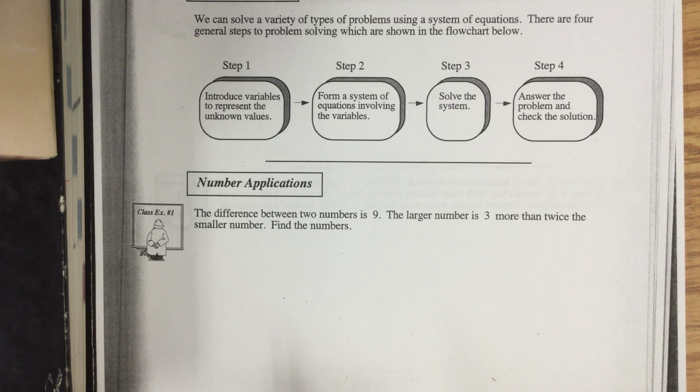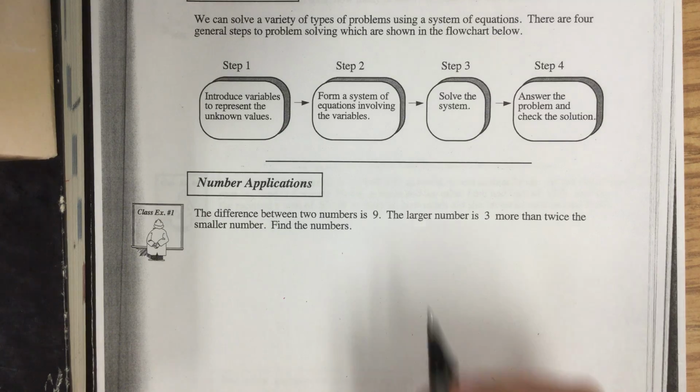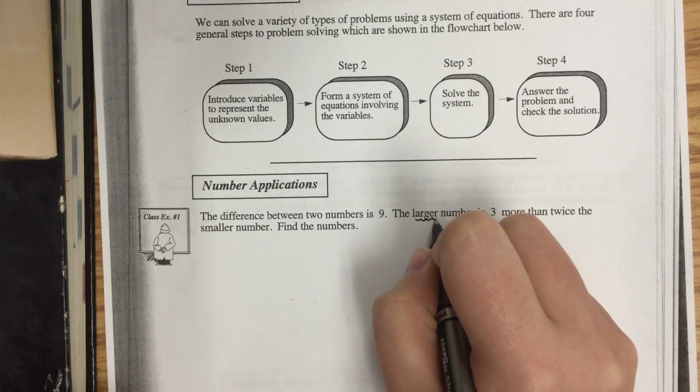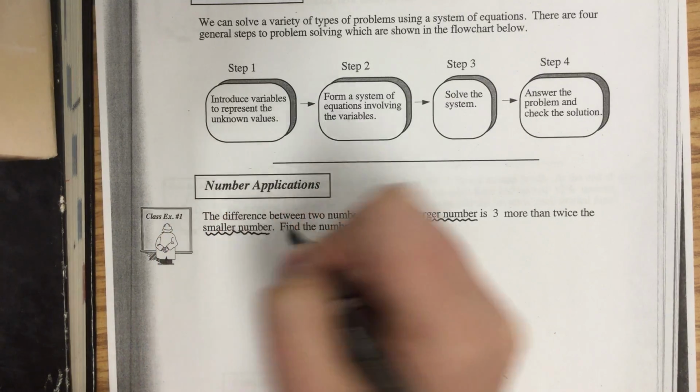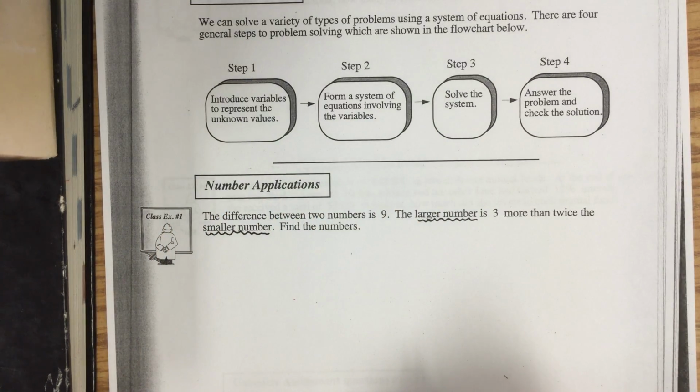The difference between two numbers is 9. The larger number is 3 more than twice the smaller number. Find the numbers. Step 1 tells me I need to introduce some variables. There are two numbers involved in this problem, a larger number and a smaller number.